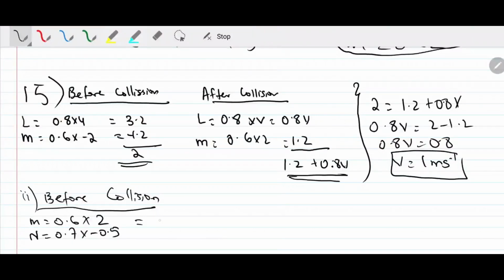This is 1.2 and this is 0.7 into 0.5, is 0.35, negative. So the total momentum is 0.85 before the second collision.